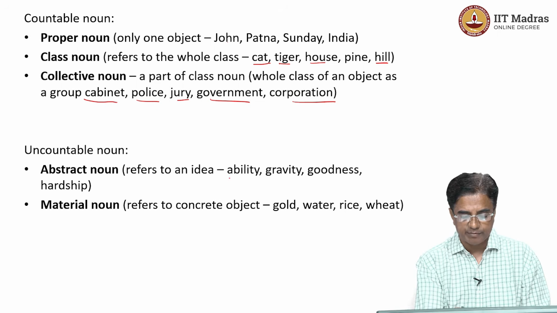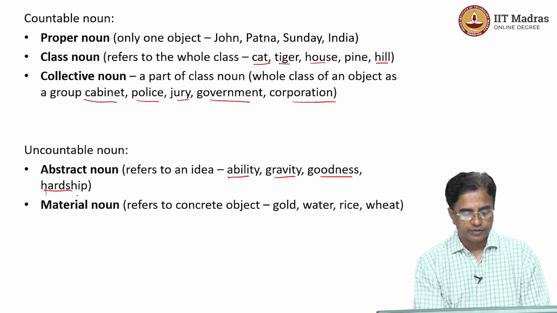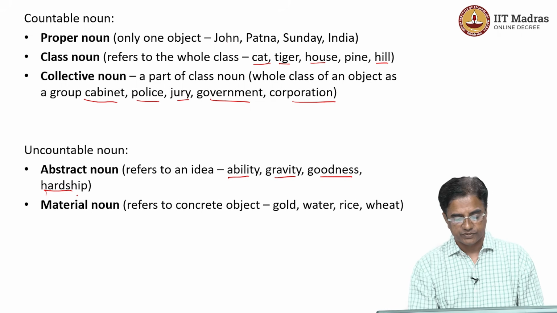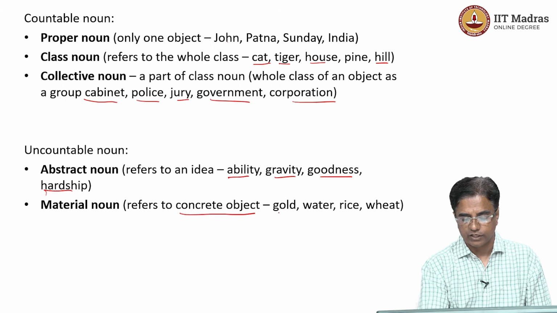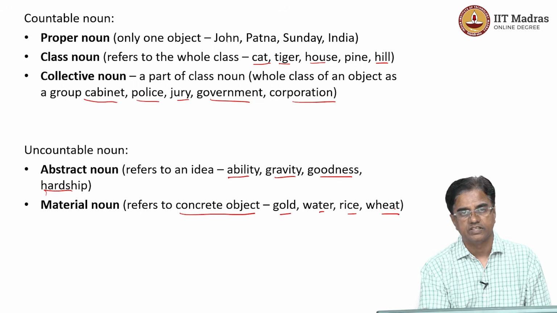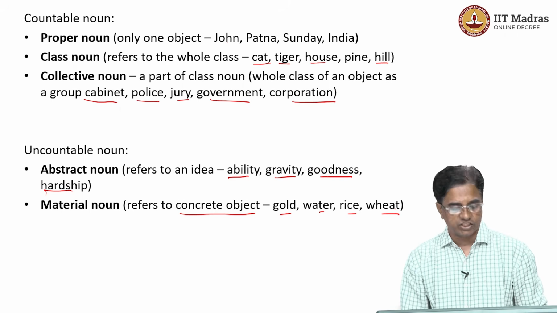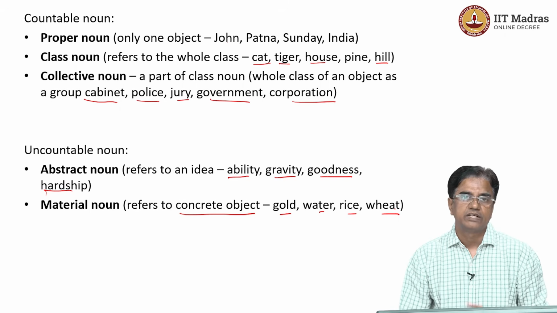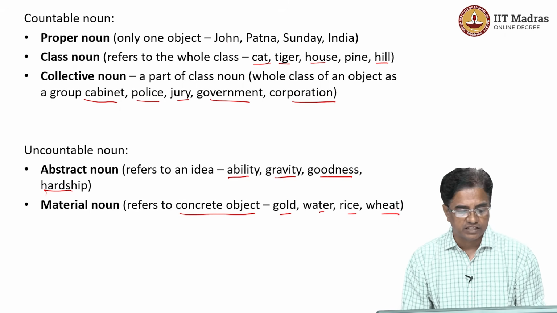So things like ability, gravity, goodness, hardship, these are abstract nouns. And a material noun refers to concrete objects like gold, water, rice, wheat, etc. So look, gold and gravity both are uncountable nouns, but there is a difference between the two. One is an abstract noun, the other is a material noun.